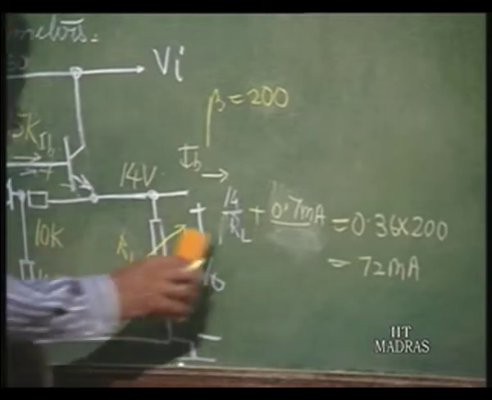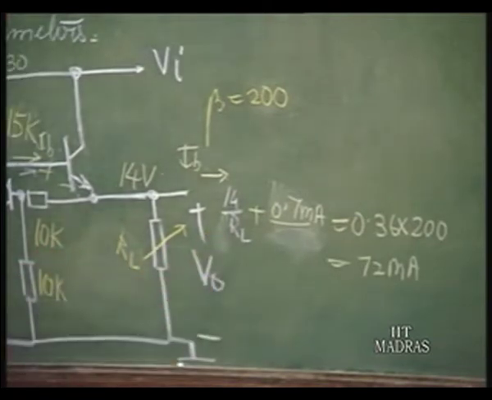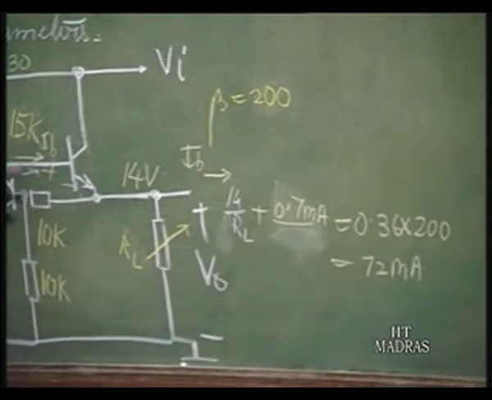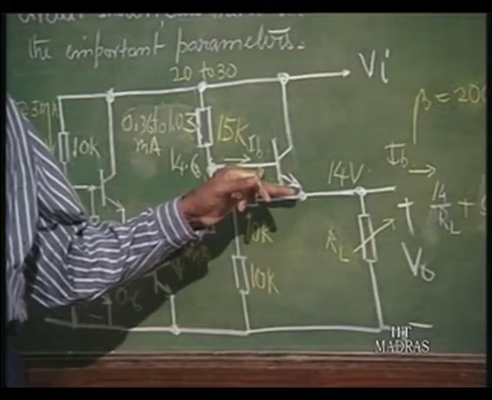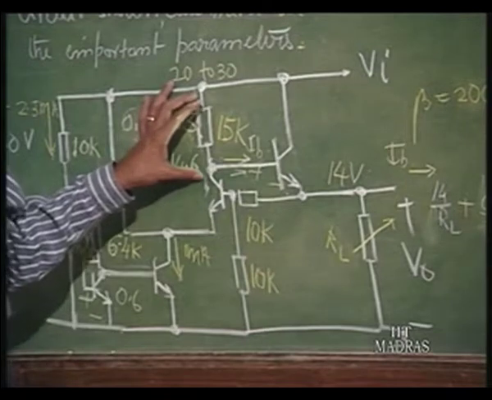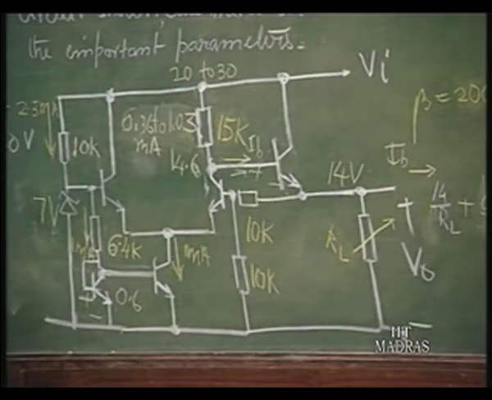That is the maximum current it can deliver under that situation. If you demand more, there is nothing to give that. Under the situation that this is 0.36, that corresponds to input voltage of 20 volts.